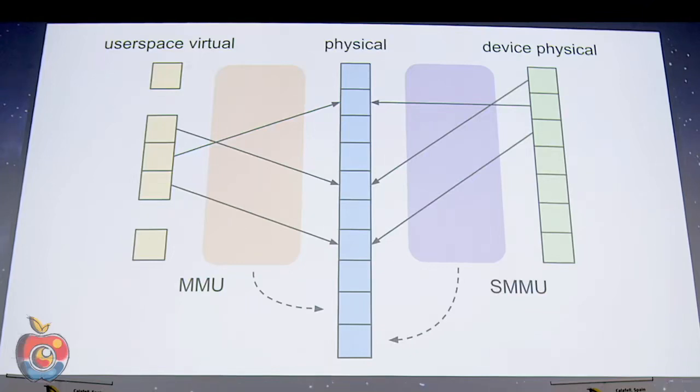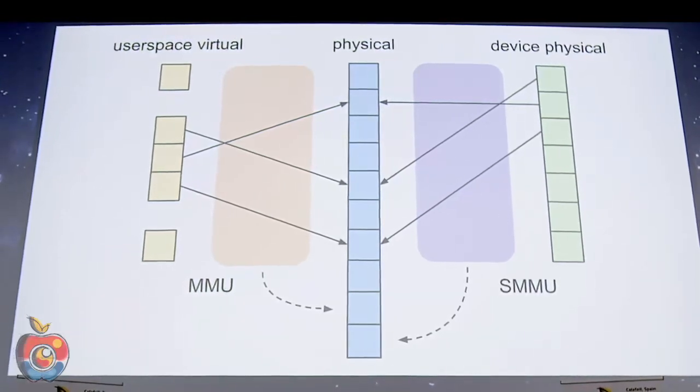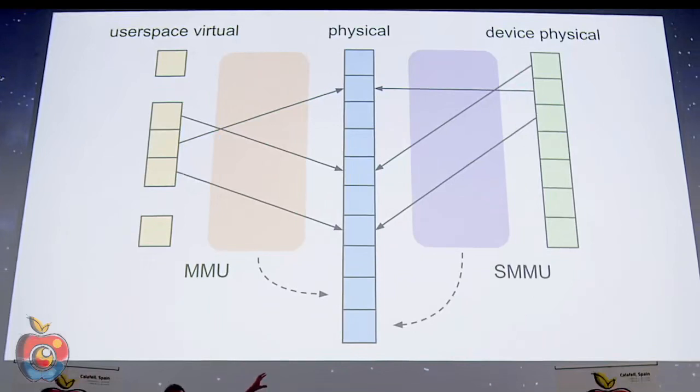And on some platforms, some vendors also use this as a security boundary. Apple are generally pretty good at using this ability to restrict or control devices' views of physical memory as a security boundary. Plenty of Android phones also have this technology, but don't actually use it as a security boundary, and the devices themselves are able to control their own SMMUs. But in Apple's case, this is a security boundary.